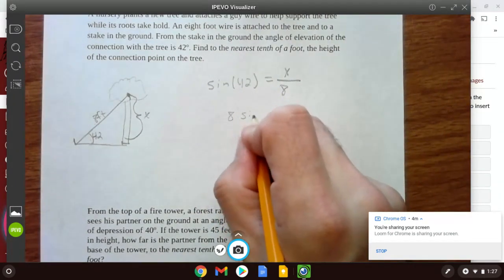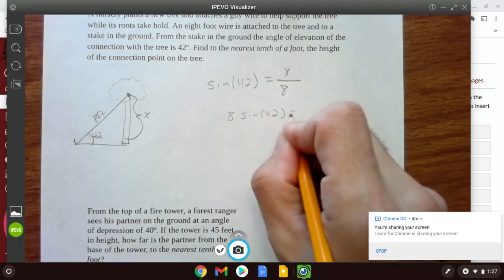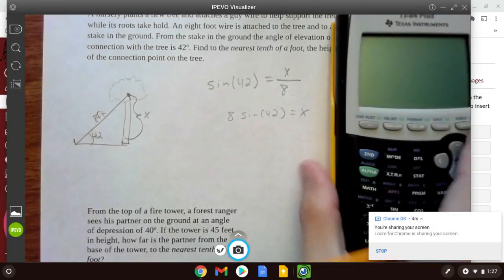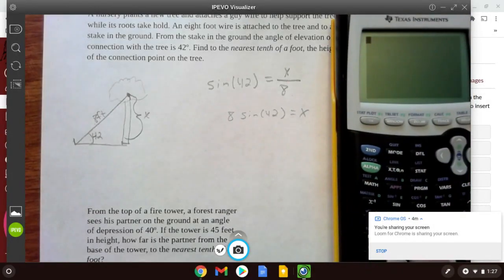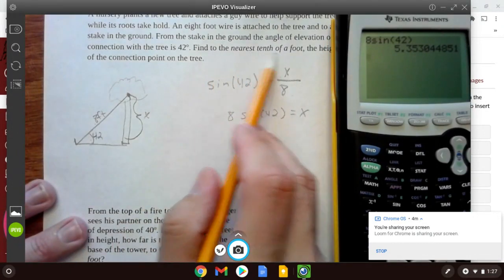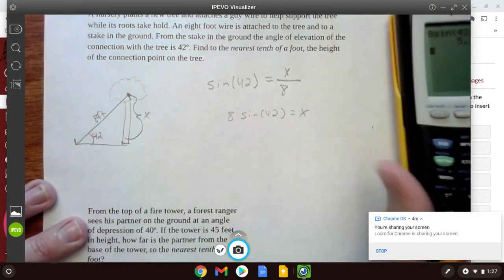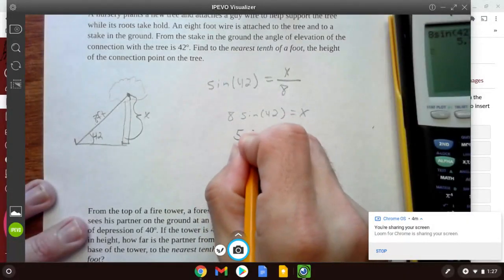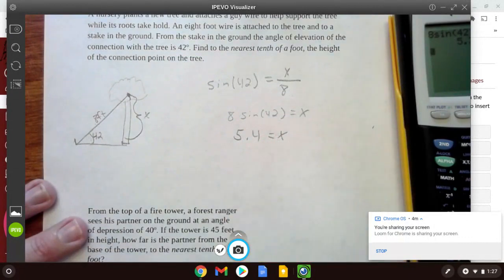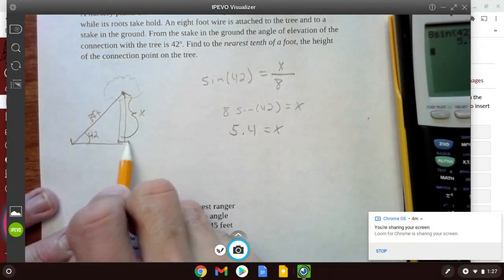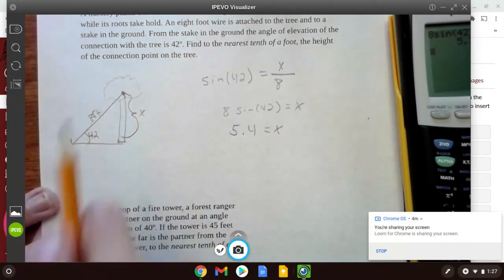So we get 8 sine 42 equals x. 8 sine 42 is 5.35. It said to the nearest tenth of a foot, so it would be 5.4. So about 5.4 feet up there. That's where the connection is made.